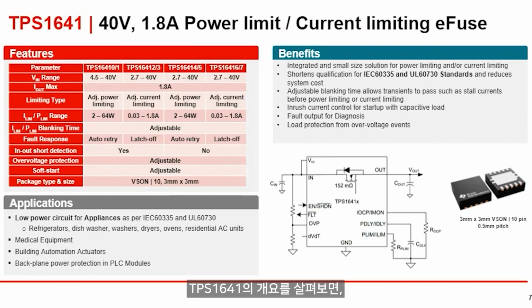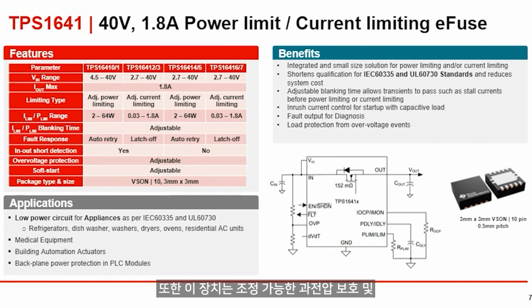Looking at an overview of the TPS1641, this device has in total 8 different variants, and it's a 40 volt 1.8 amp eFuse. The device offers adjustable current limit, adjustable power limit, as well as different fault responses, auto retry or latch off.